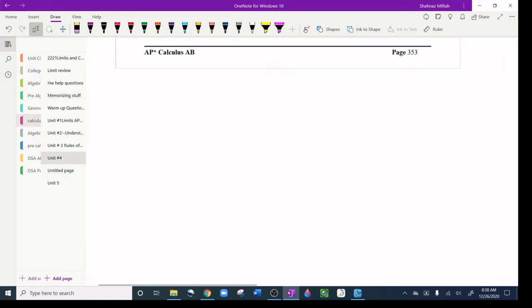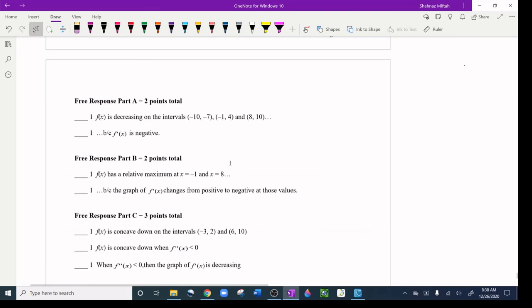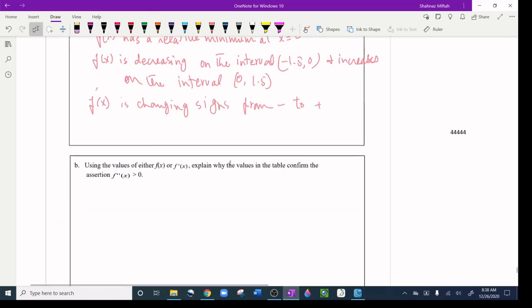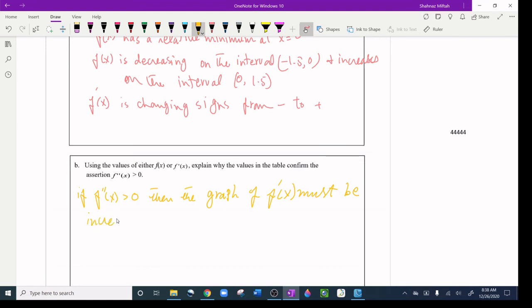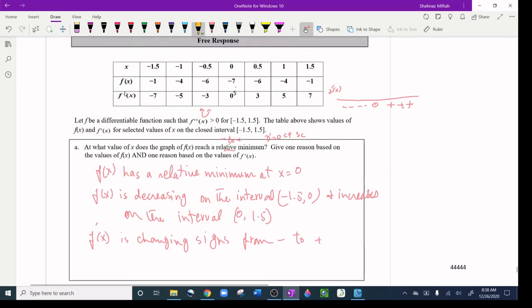So you go back and check part B right there. You can say the values in the table confirm the assertion f double prime is greater than 0: if f double prime x is greater than 0, then the graph of f prime x must be increasing. So we can tell f prime x is increasing.